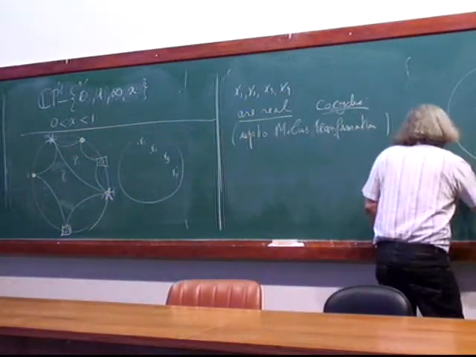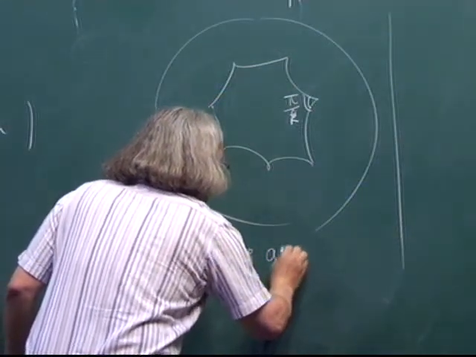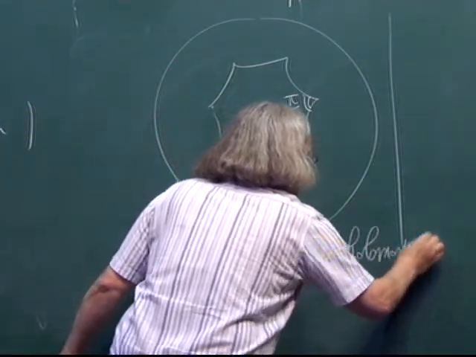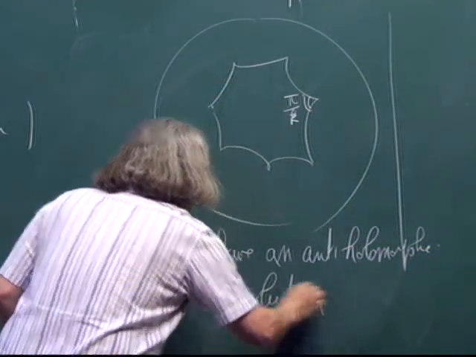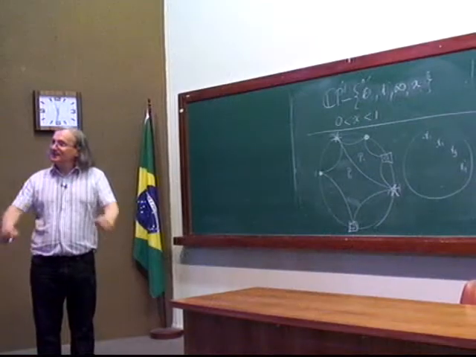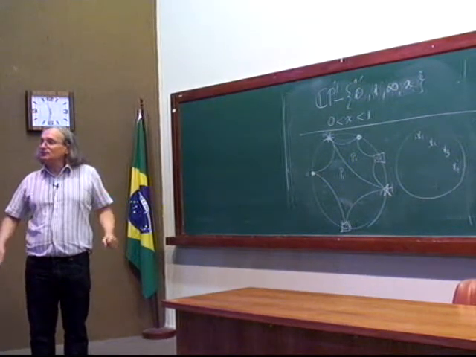They have an anti-holomorphic involution. And most Riemann surfaces have no anti-holomorphic involutions. Today, in order to thank Felix Klein, people call a Klein surface a Riemann surface with an anti-holomorphic involution.